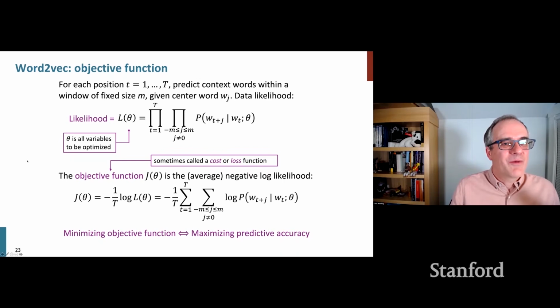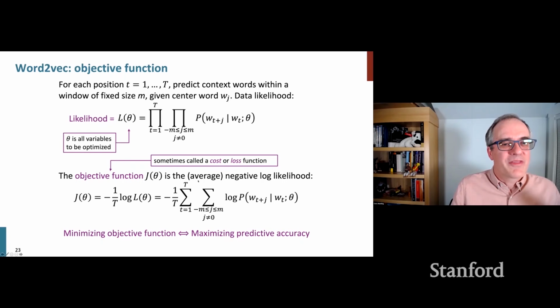And essentially what we want to do is maximize the likelihood of the context we see around center words. But following standard practice, we slightly fiddle that because rather than dealing with products, it's easier to deal with sums. And so we work with log likelihood. And once we take log likelihood, all of our products turn into sums.